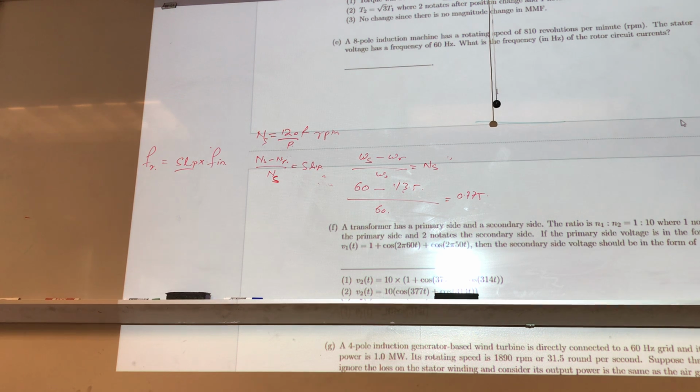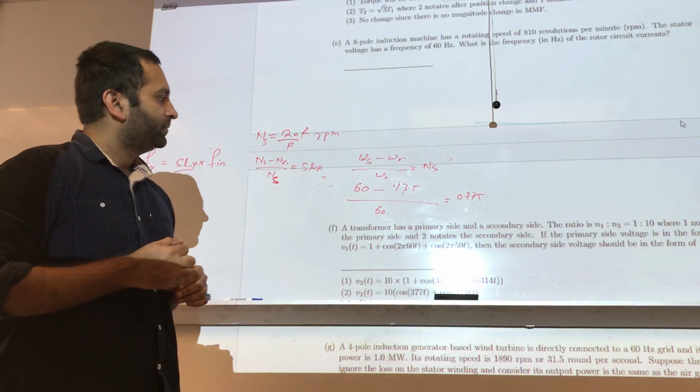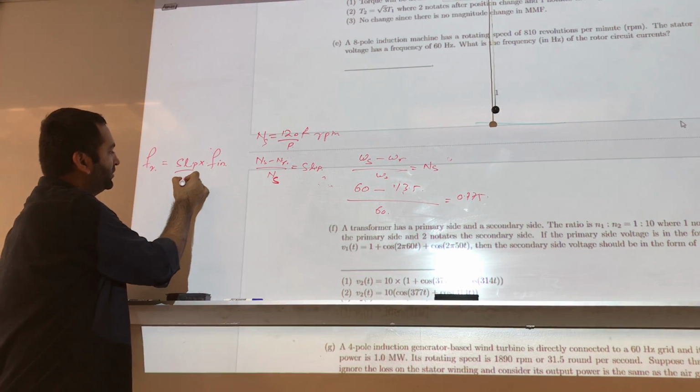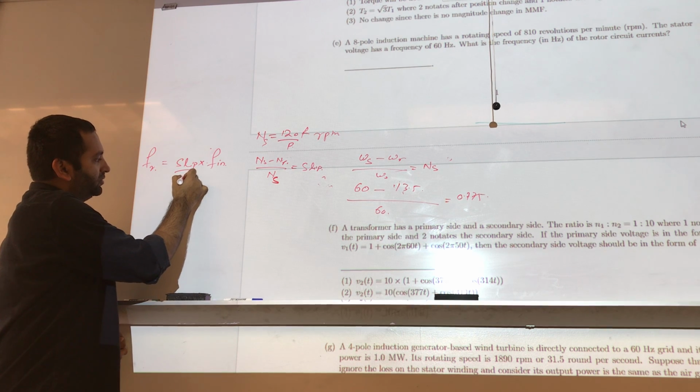Times 60 is how much? No, it should be 0.1. It should be 0.75. Because if it's 6 hertz, then the slip should be 0.1, right?